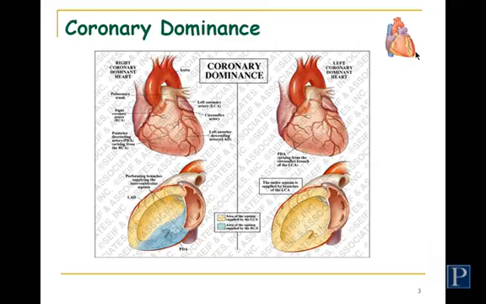The term comes from which blood vessel gives rise to the posterior descending artery, which you see here. If you have a right coronary dominant heart, which is most common, about 80 to 90% of the population, that posterior descending artery arises from the right coronary artery, hence the term right dominance.